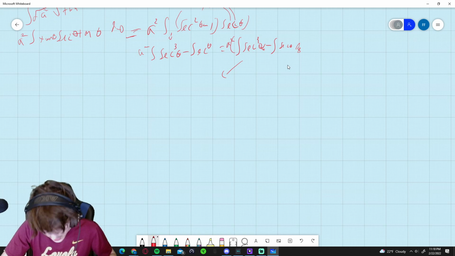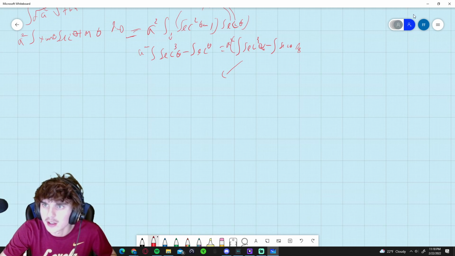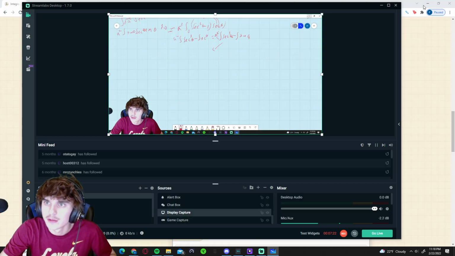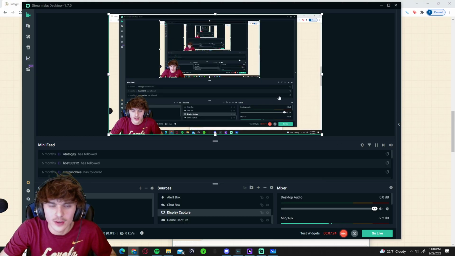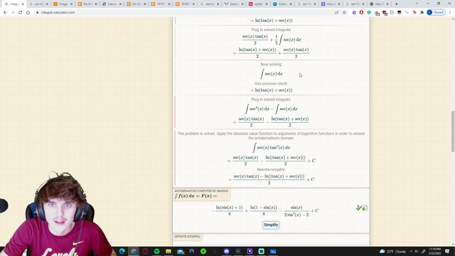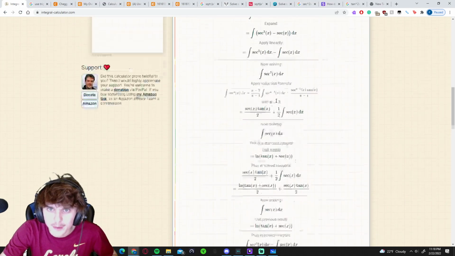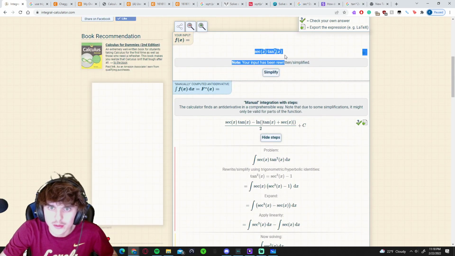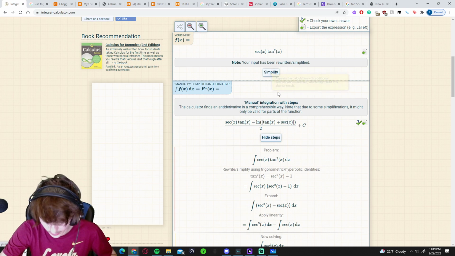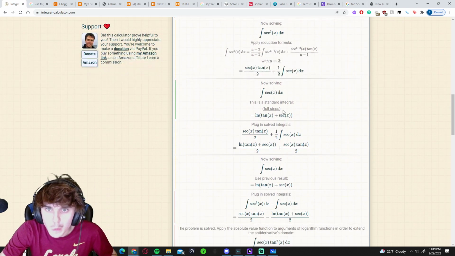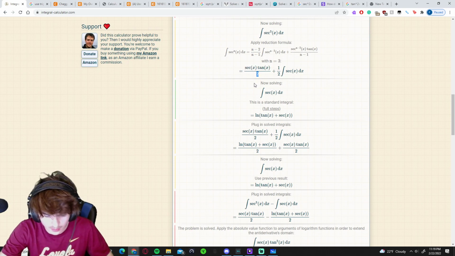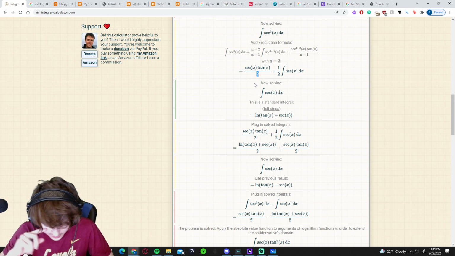Wait, did I just do this all wrong? Let me check something. I have an algebra calculator. Hey, look, it's me. So I did this on this calculator to check my work. I plugged in the whole integral of secant tan squared x, which is what it was up there, and then it solved for this, which is weird because mine's saying it's 1/2.